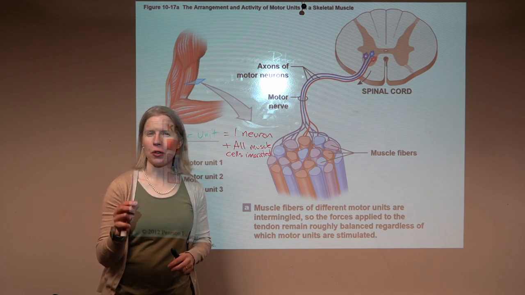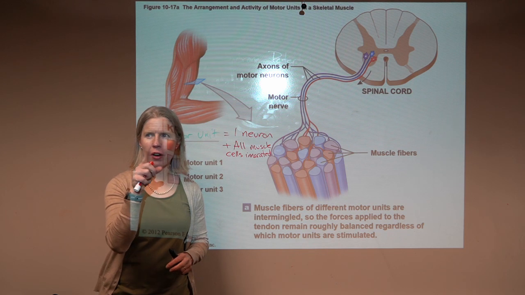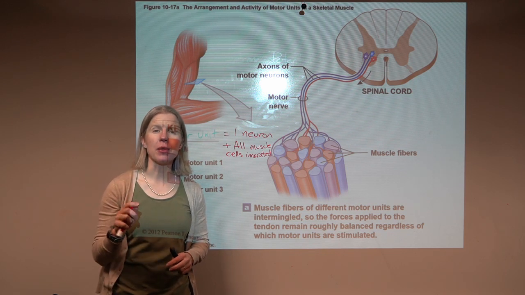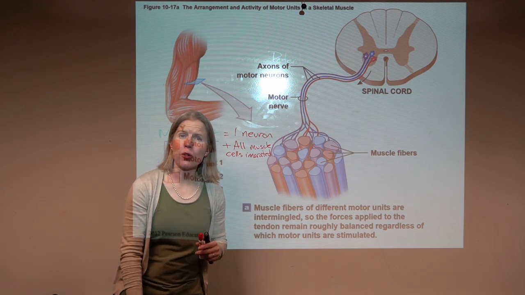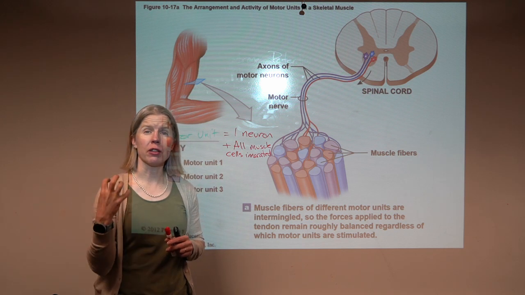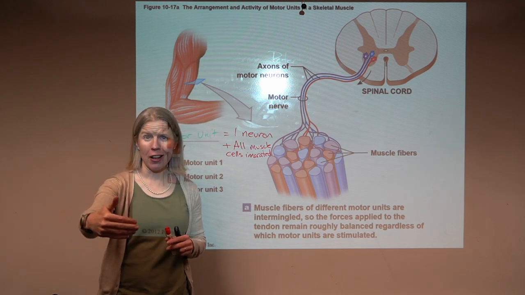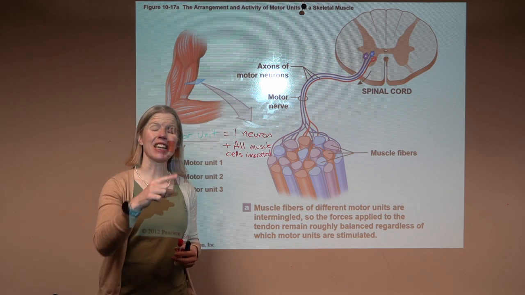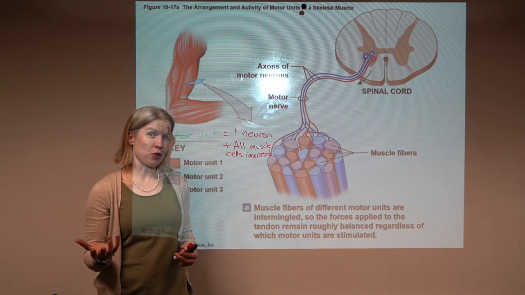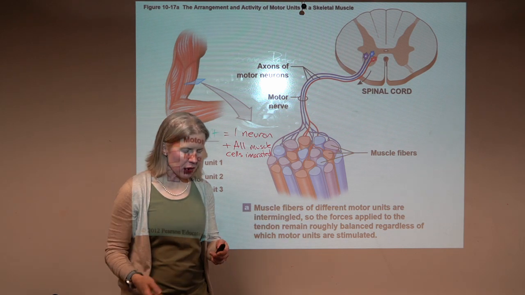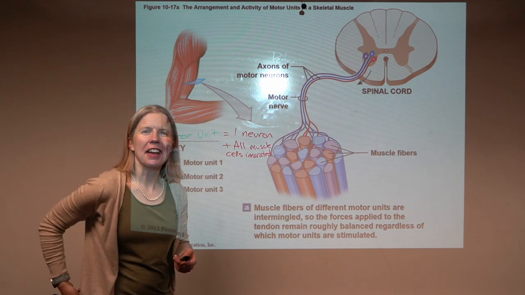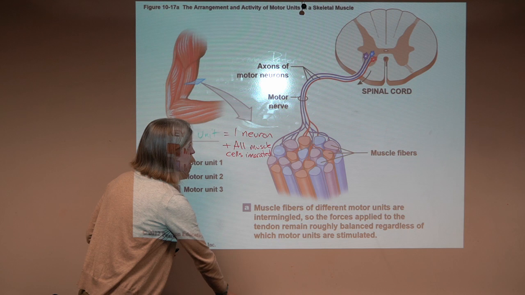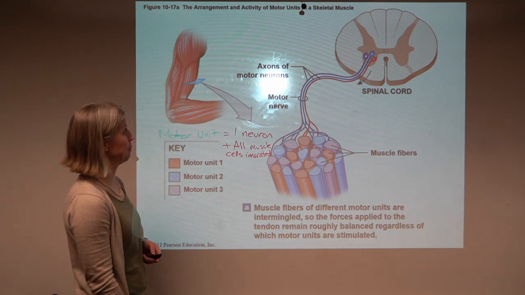So that gives you really fine control over where your eye is moving at any one time. The quadriceps muscle, that big group of muscles on the anterior surface of the femur, right? A motor unit might have thousands of muscle cells that a single neuron is controlling. So it's kind of interesting that the body is set up that way. It's pretty efficient.